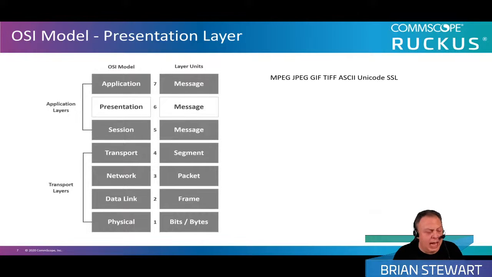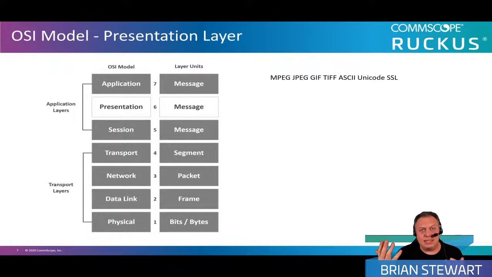And this is why the OSI model is important, because these can be completely independent from what's running at layer 7. You don't want to have to build into HTTP how to encode an image, or how to encode a request. There's no reason to rebuild all that functionality because it's already out there.